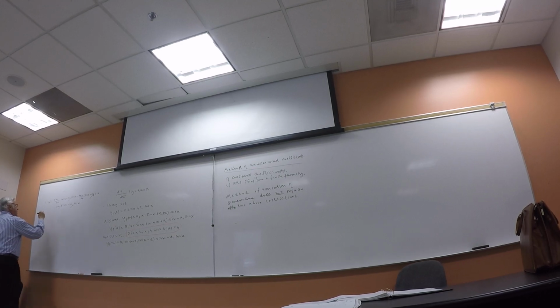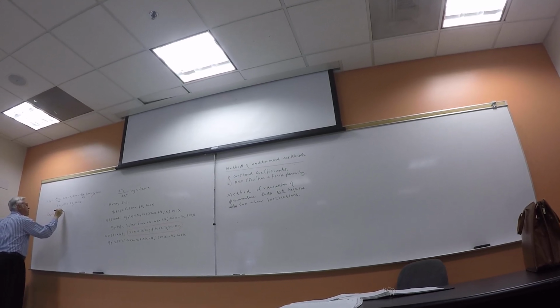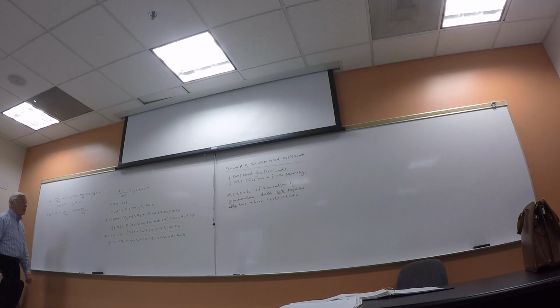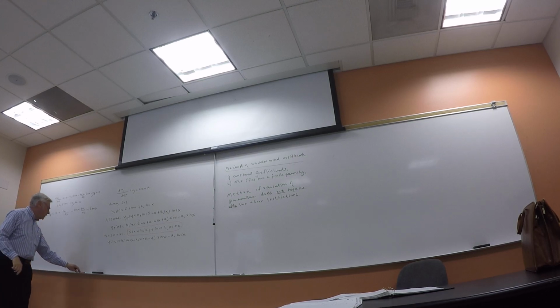So L operating on y sub p now simplifies to cosine of x, the derivative of u1 with respect to x, minus the sine of x times the derivative of u2 with respect to x. But we know what L operator on yp is. That's going to be equal to the tangent of x. Okay? So that'll be my second equation over here.